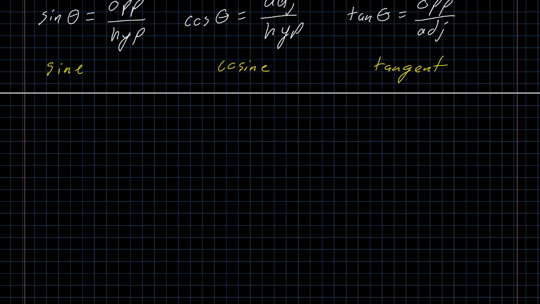All right. So how do we use triangle trigonometry? Well, first of all, we need a triangle. That triangle needs to have a right angle, and that triangle needs to have some other angle that we know. Let's go ahead and make this a 42-degree angle.